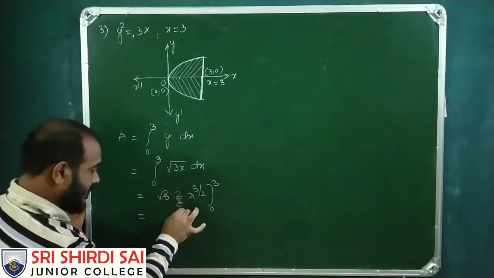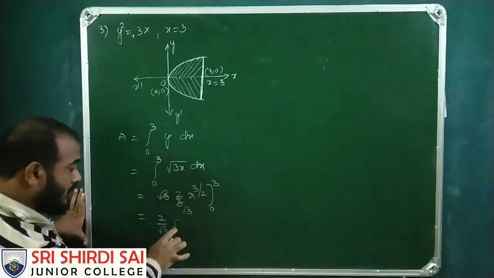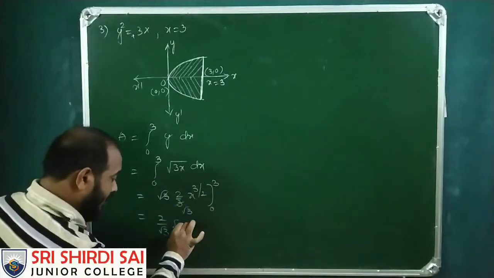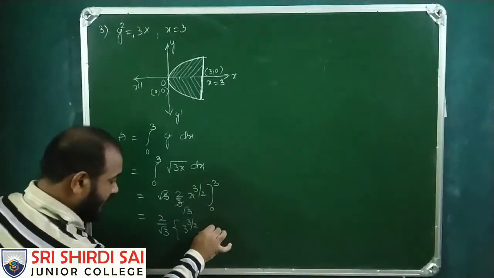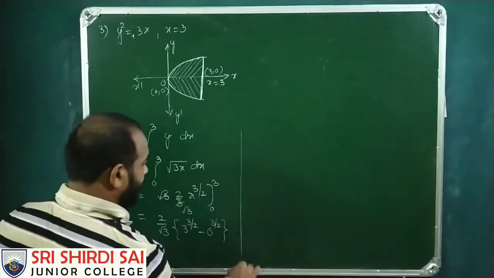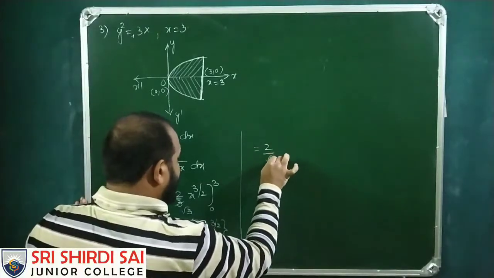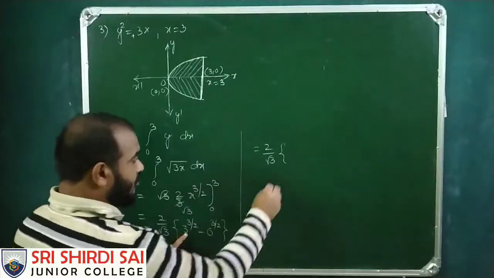So root 3 times 2 by 3 into, in the place of x upper limit 3 power 3 by 2 minus in the place of x lower limit 0 power 3 by 2. This equals 2 by root 3. So 3 power 3 by 2 is 3 root 3.